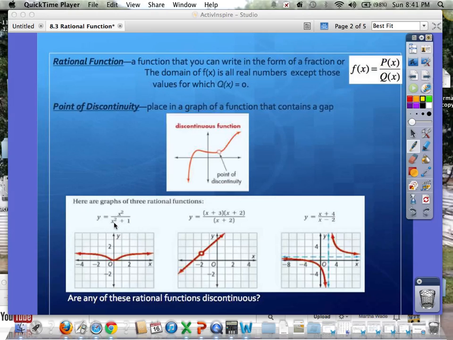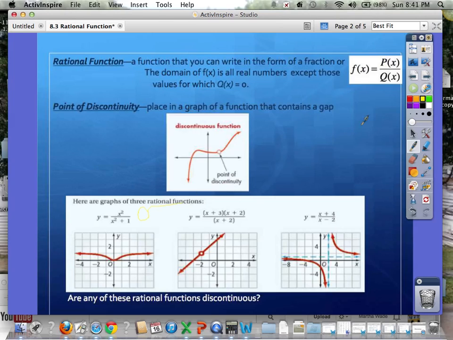It doesn't matter what I plug in for x, even if I put a 0 in there, it's still going to make the denominator 1. So there's nothing I can do to make that 0. So this would be continuous.